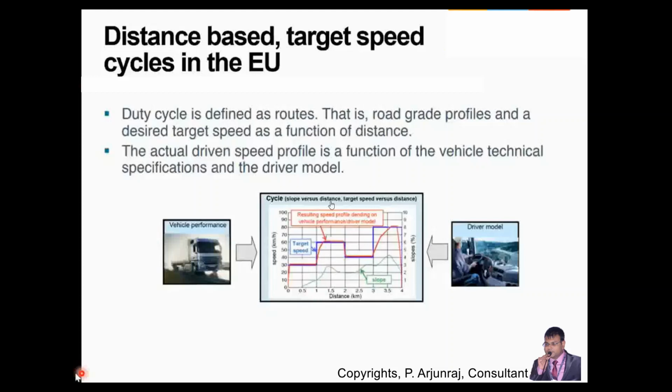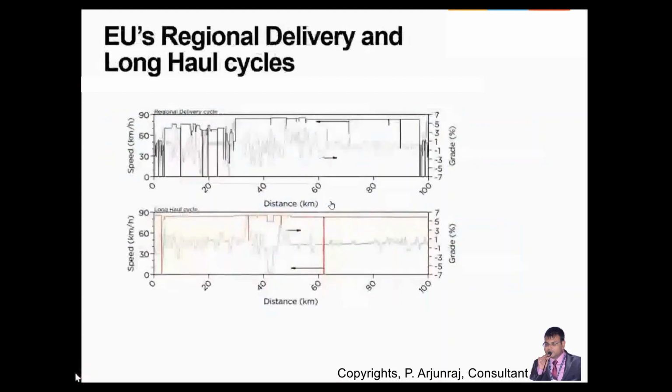Based on that, you can also try to improve some of the performance aspects. Other aspects like rolling resistance also come into the picture, and you can measure those as well.